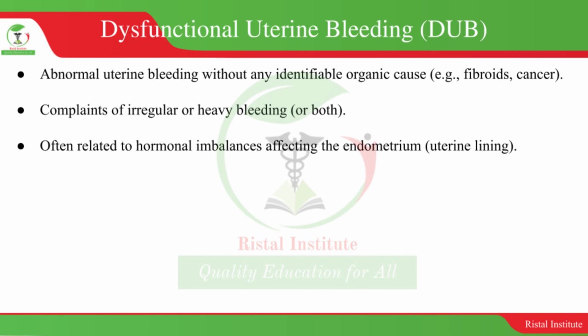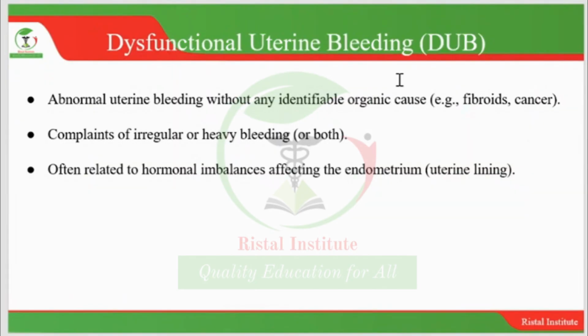So when we talk about dysfunctional uterine bleeding, or in simple terms, you can say DUB, this refers to abnormal uterine bleeding without any identifiable organic cause. Organic causes like fibroids, cancer, are not identified, and the person is still bleeding.